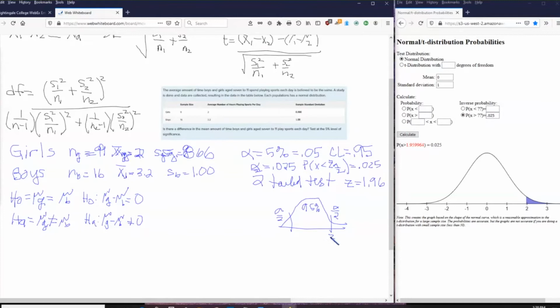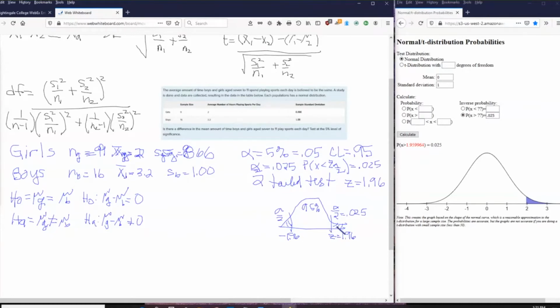Okay, so this z is 1.96 for this end, and it is a minus 1.96 on the opposite end, and this alpha is 0.025. Okay, so this is what we're going to be comparing.